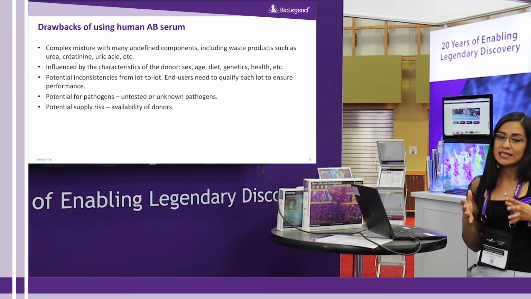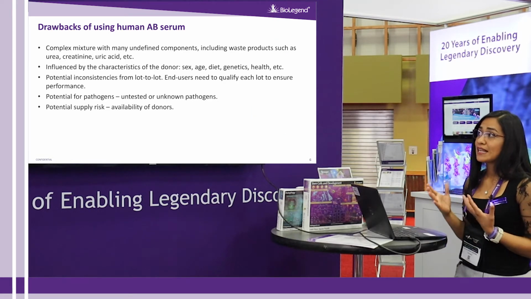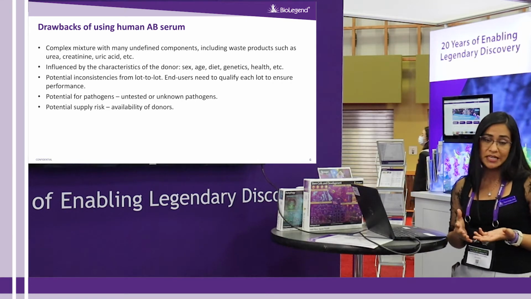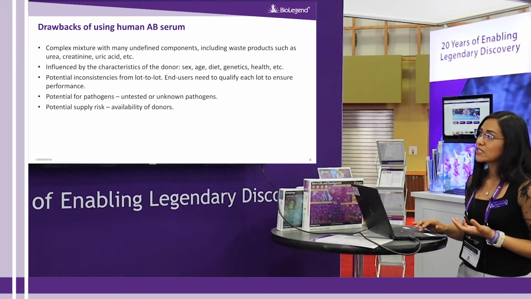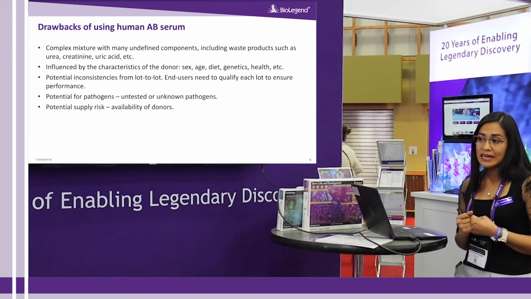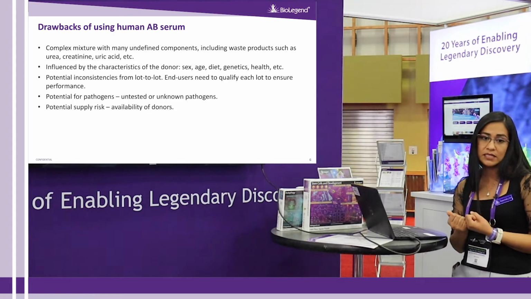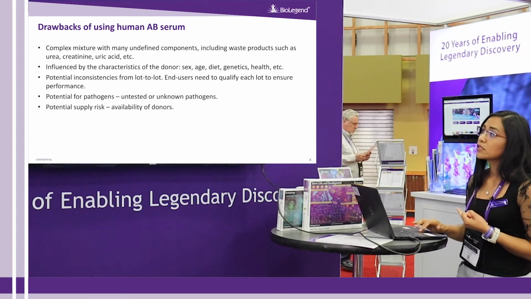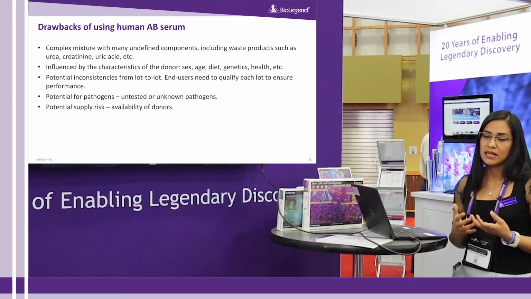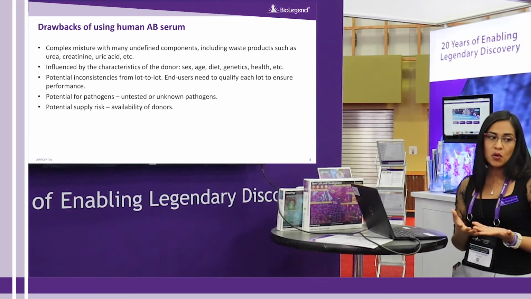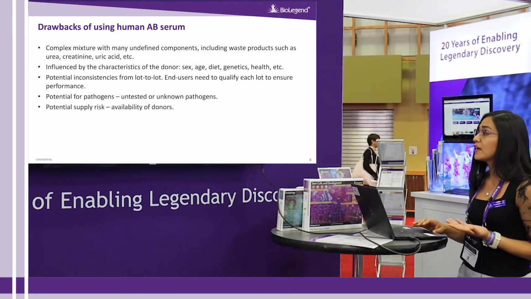However, using serum, and when you are talking about cell therapy, has many disadvantages. One is that it contains many undefined components, so you don't really have a full characterization of what is contained in the serum. And also there could be variations depending on the donor, so depending on the source where you isolate the blood.